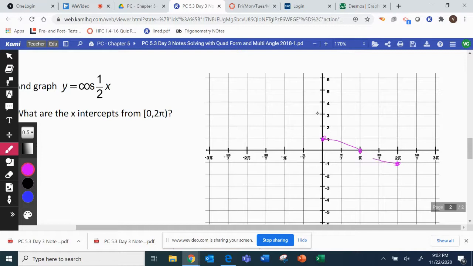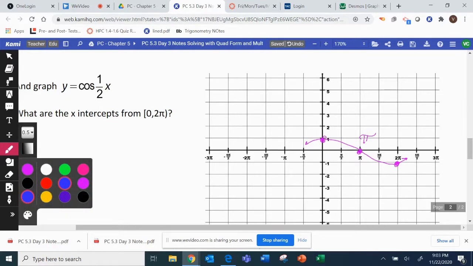So that is a horizontal stretch. From 0 to 2 pi, there's only one x-intercept at pi.